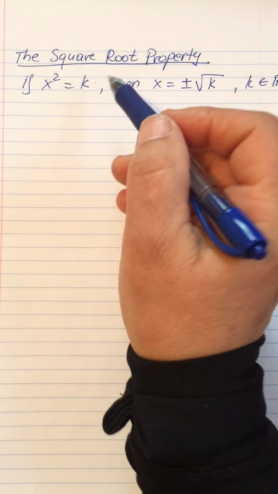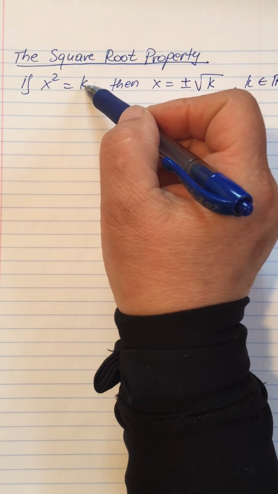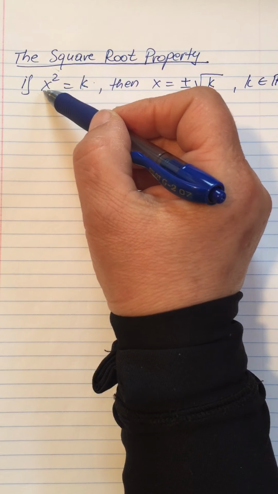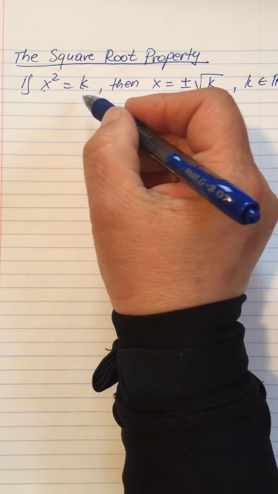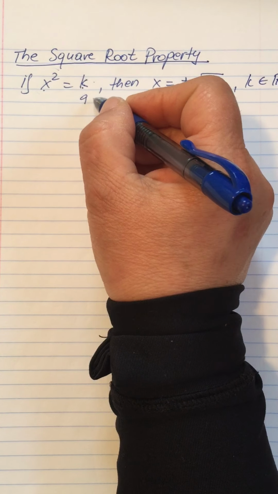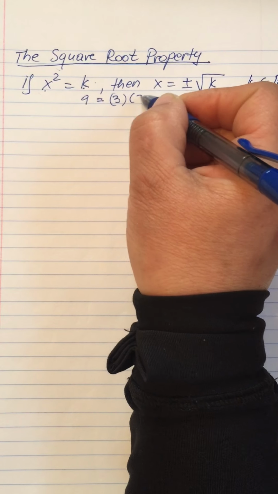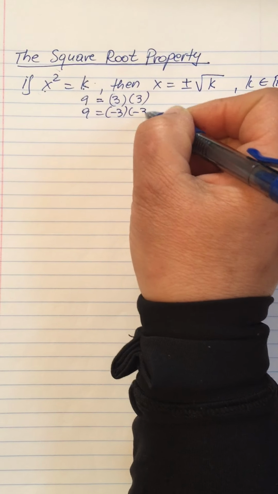In other words, k is a positive number since it is the square of x, and we know that any positive number, for example 9, has two square roots, because 9 is 3 times 3, and 9 is also negative 3 times negative 3.